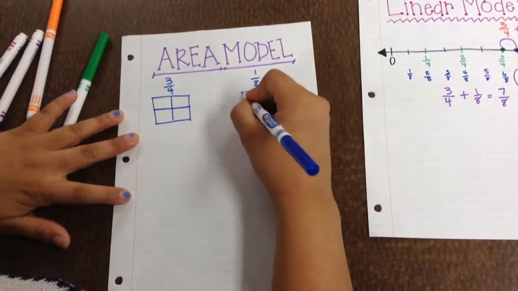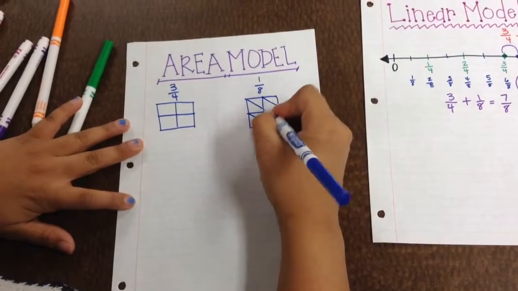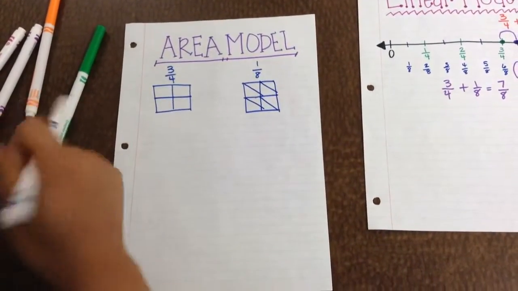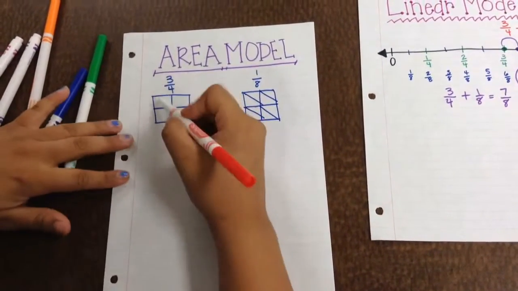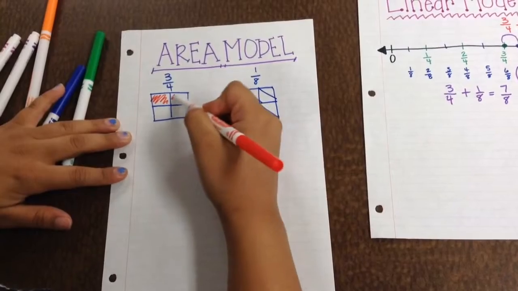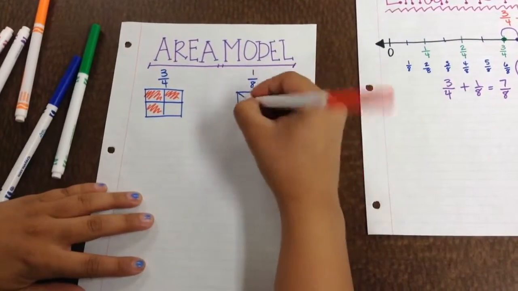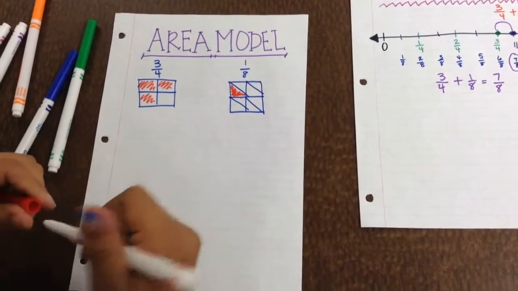So there's the 4, and then 1, 2, 3, 4, 5, 6, 7, 8. We've split it into 8 pieces. So now let's shade it in. We have our 3/4, so let's do 1, 2, 3 out of 4, and then 1 out of 8. We're just going to shade this part in right here.